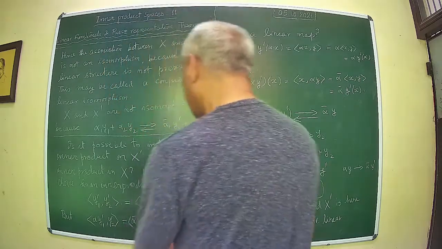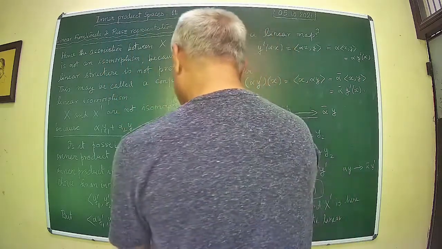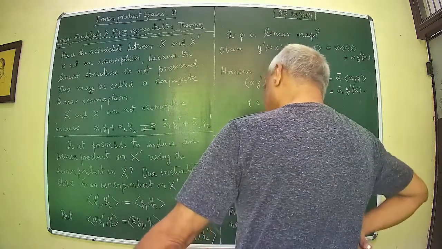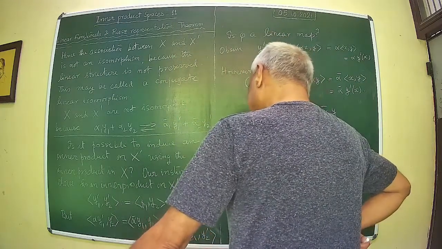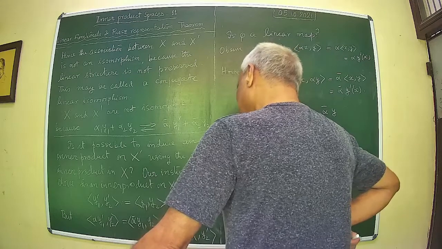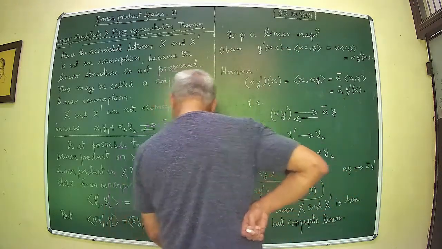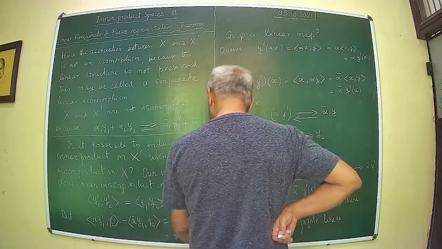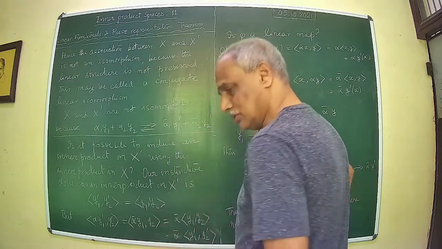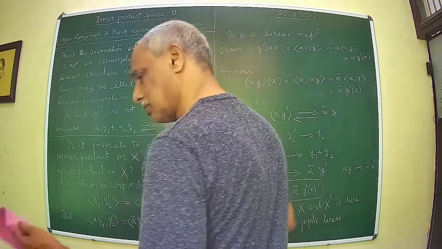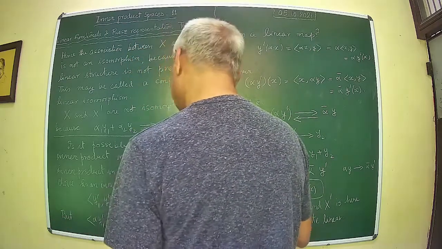So this is not in the format in which this should work, because if it is an inner product, we would like to have alpha y1 prime y2 prime to be equal to alpha y1 prime y2 prime. So that is not true. So there is a conjugation coming there, but it can be easily remedied.